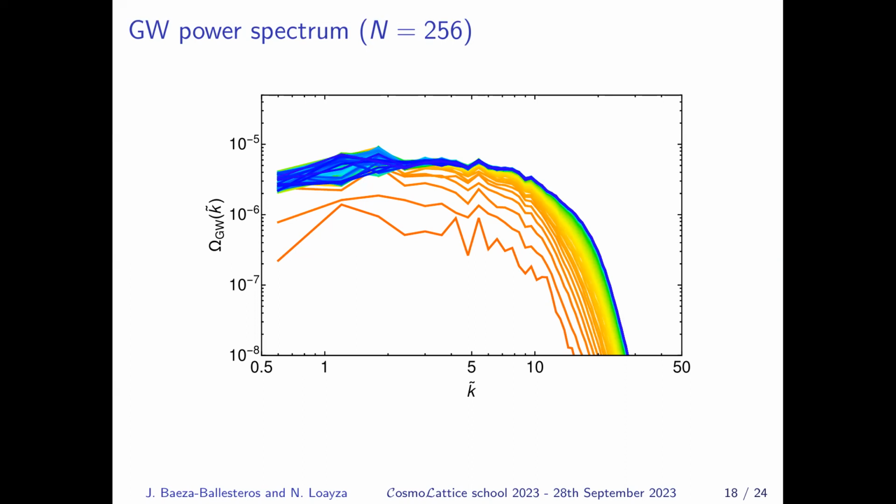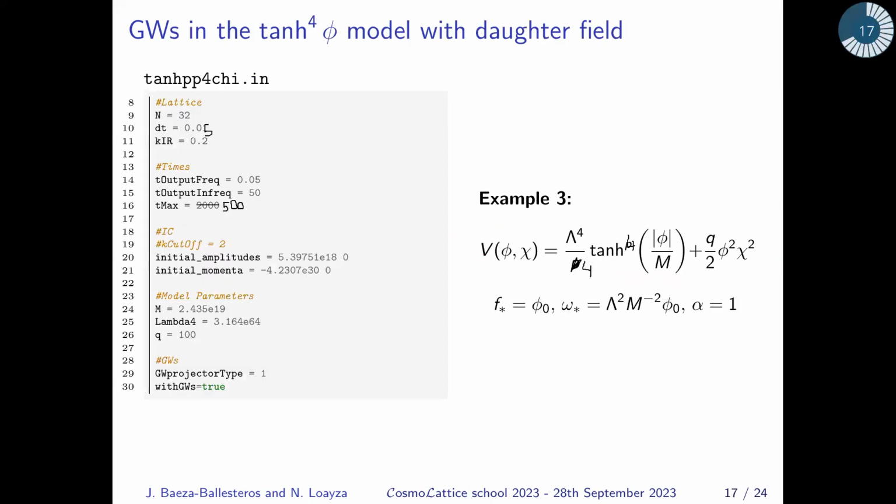Okay. So, in this spectrum, you are not seeing as many peaks like in the phi to the power 4 model. Why are you not seeing many peaks in this case? This is because now we have a daughter field coupled to the inflaton through that coupling. Usually the parametric resonance of this daughter field with that coupling strength, in this case the resonance parameter being 100, is much stronger than the self coupling of the inflaton with itself.